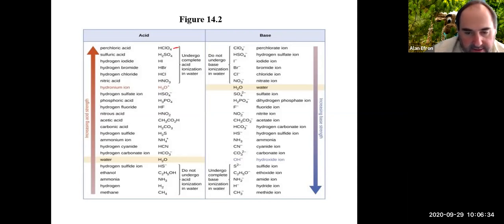Its partner on the other side there is a relatively weak base, as opposed to down here where we have a weak acid and a relatively strong base. So the opposite relationship is happening here. Here are a lot of the ones that we talked about in terms of strong acids up to here: our nitric acid, our hydrochloric acid, hydrobromic acid, hydroiodic acid, sulfuric acid, and perchloric acid, and some of our weak bases on the other side.